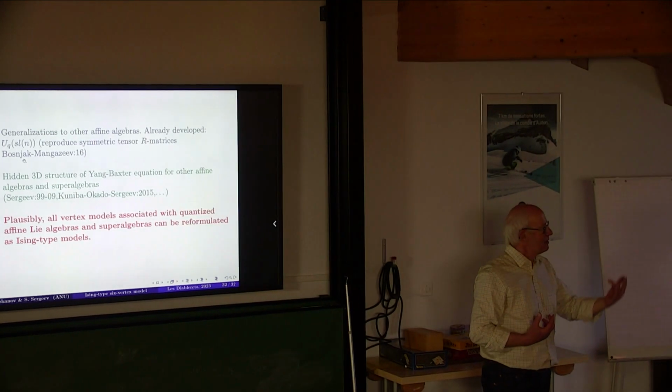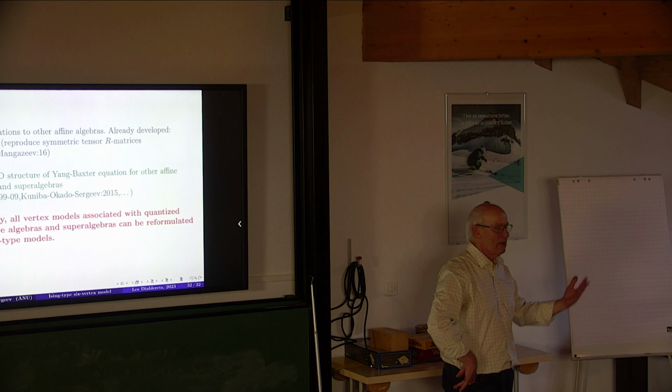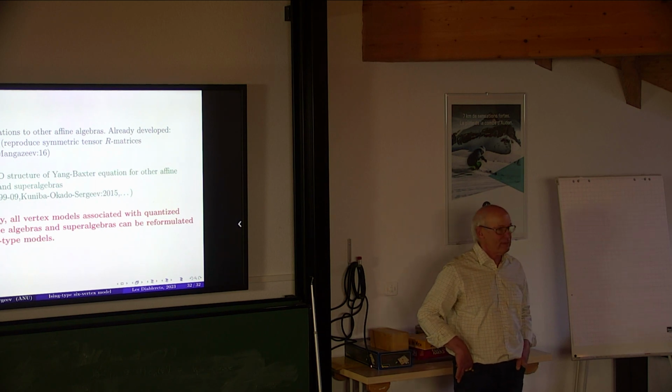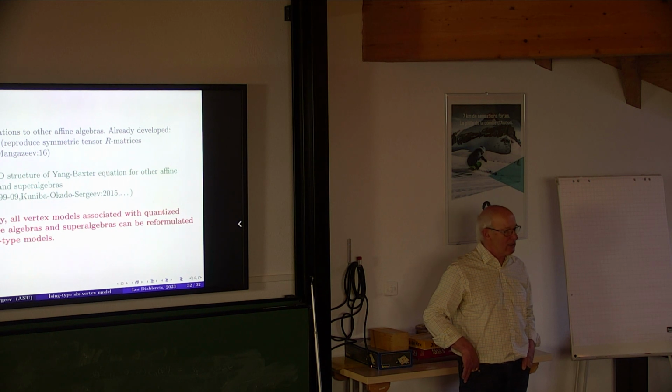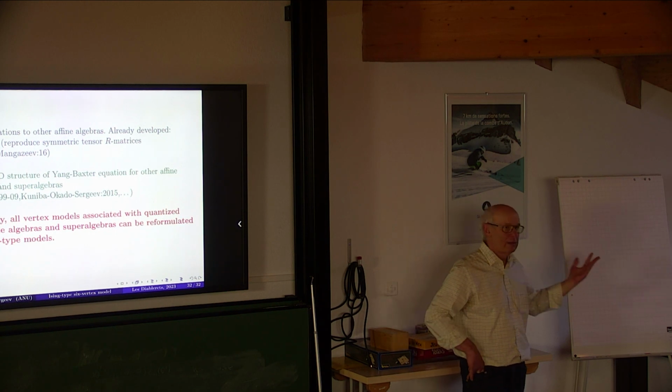So the answer is always negative to negative in our formulation. I don't know whether it answers the question or not. But Chiral Potts is a different thing. It's a cyclic representation. You don't have a highest weight or lowest weight.